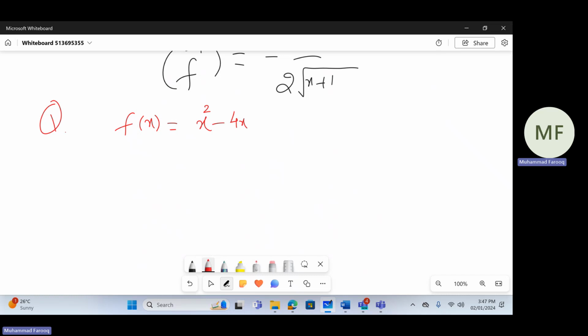Add, subtract. Minus 5 plus 5. Yeah. I add. No, plus 5. x squared.